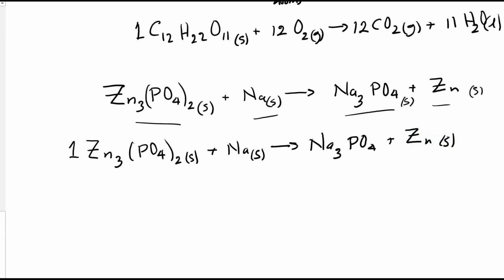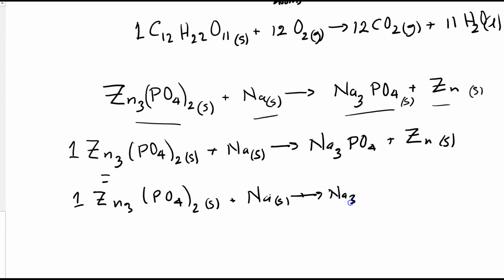Okay, so now we take a look. How many atoms of zinc do we have on this side? We have 3 atoms of zinc on this side, so we're going to put 3 atoms of zinc on the other side. So if we rewrite this once and fill in some of this, we have Na solid yields Na3PO4, and we'll fill in 3 zinc atoms on this side, or 3 moles of zinc, whichever way we want to interpret it.